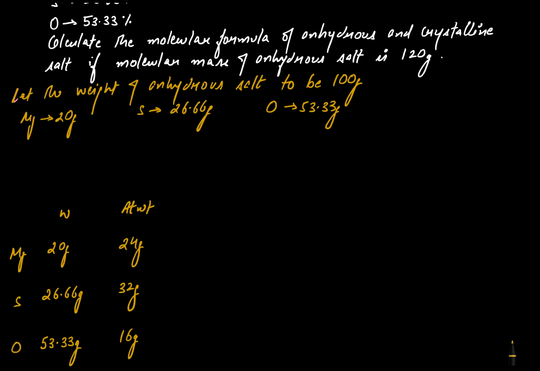Now the number of moles. The number of moles is given weight divided by atomic weight. So it comes out to be 20 divided by 24, which is 0.83.